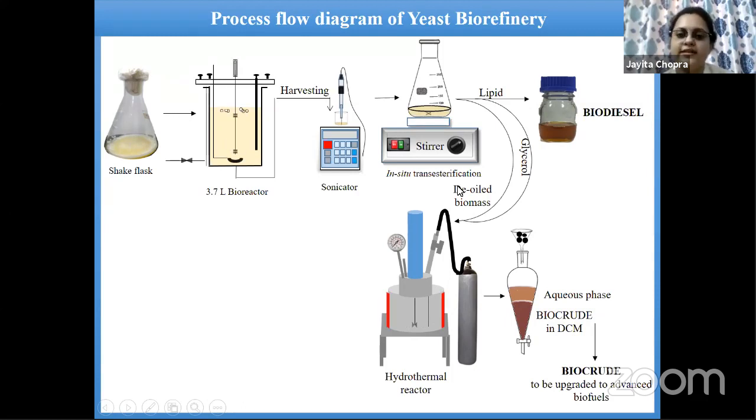I will talk about it in detail in the coming slides, where the neutral lipid fraction was selectively converted to fatty acid methyl esters. The recovered de-oiled biomass, which contains a good amount of protein, carbohydrate, and also some lipids, was used as feedstock for the HTL, or hydrothermal liquefaction, for the production of biocrude. This is a precursor of some advanced biofuels, and can be upgraded to form fuels in the jet fuel range.